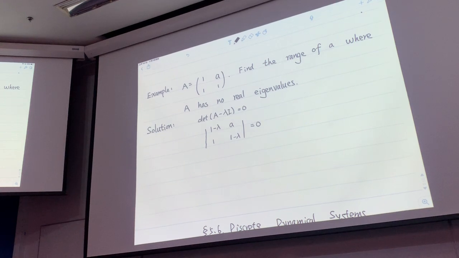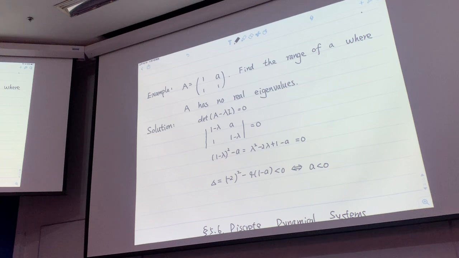It is (1 minus lambda) squared minus a, which is equal to lambda squared minus 2 lambda plus 1 minus a equal to 0. How to make sure there are no real eigenvalues? We have delta equal to b squared minus 4ac, and this is less than 0, which is equivalent to saying a is less than 0. Okay, so we get the result.